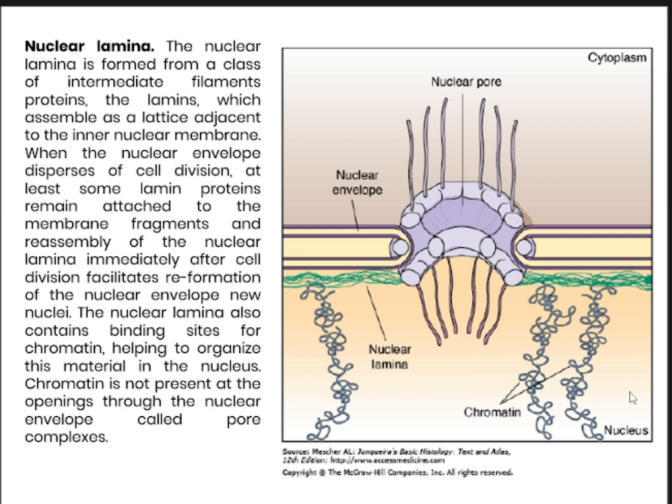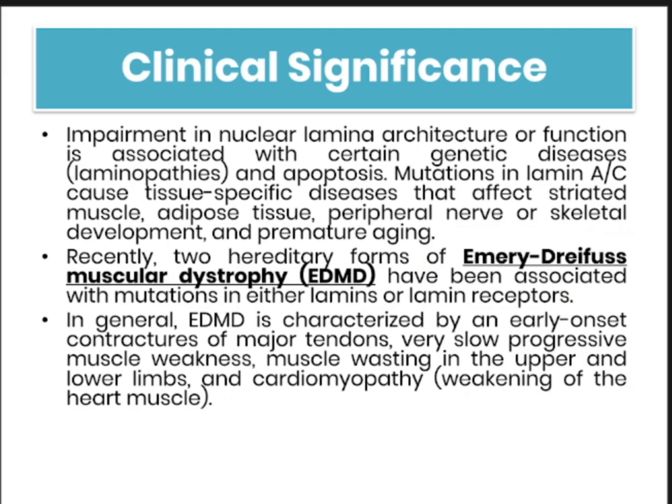Next, we have clinical significance, in which we're talking about disorders related to nuclear lamina architecture or function, which are termed laminopathies. These can affect various tissues and are linked to apoptosis, or programmed cell death.